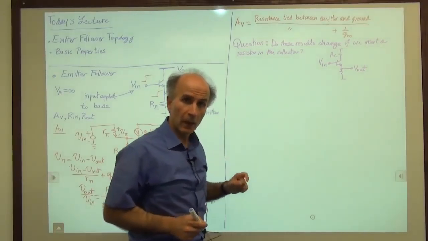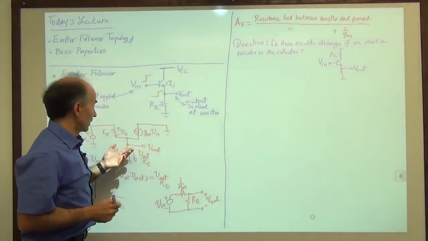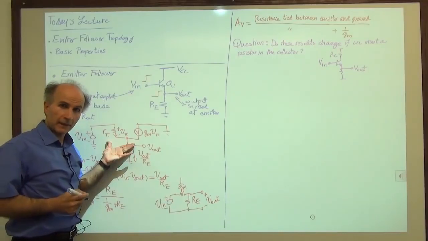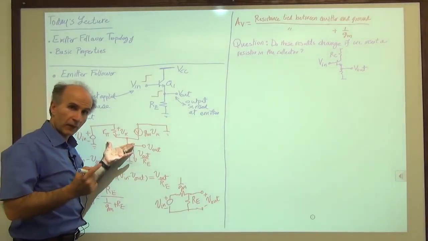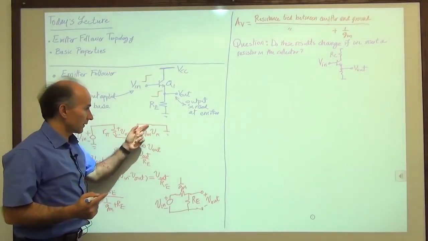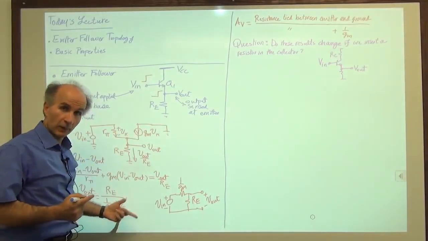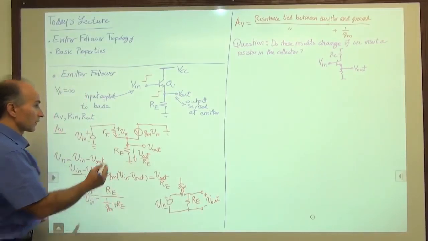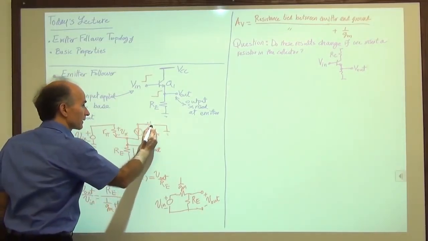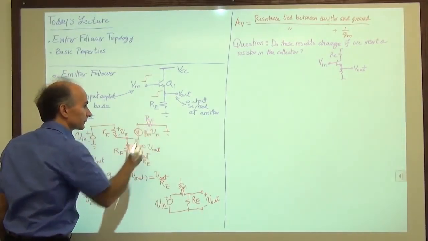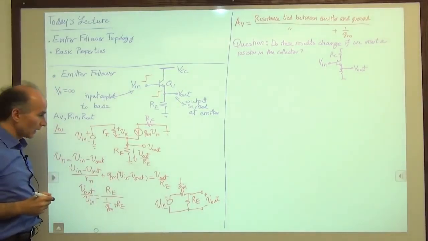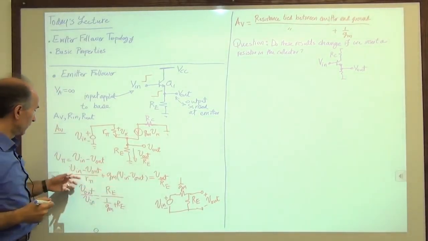All right, so let's go back to this circuit and see what happens if a collector resistor is inserted here. Does it affect these results? Maybe, maybe not. All right, so if I insert a resistor here, RC, does it affect any of these results?